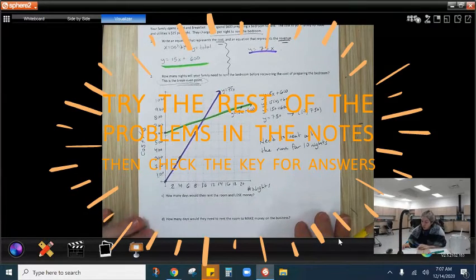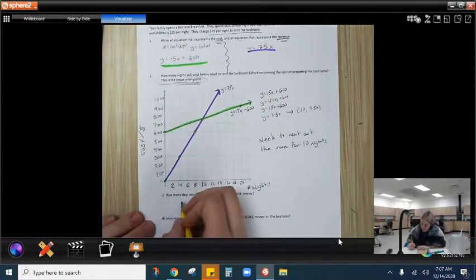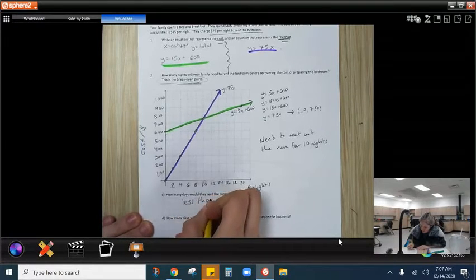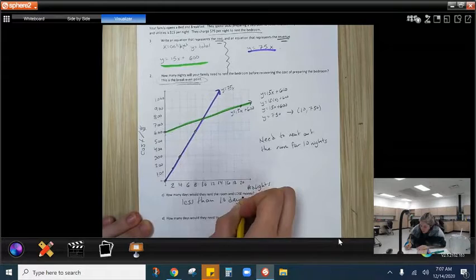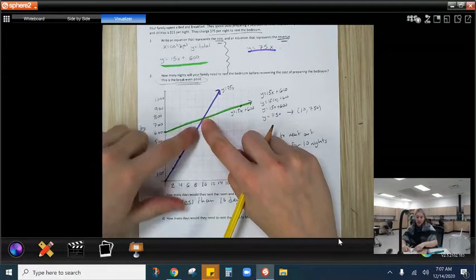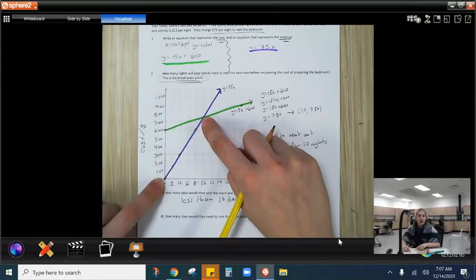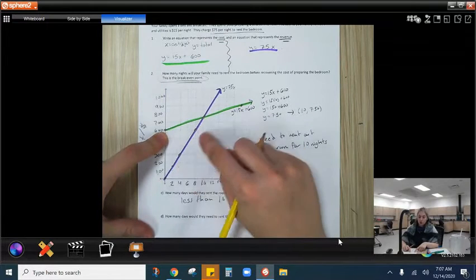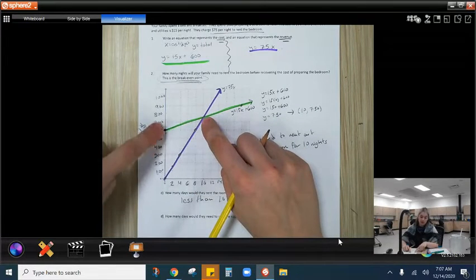How many days would they rent the room and lose money? So that would be less than 10 days. If it's anywhere in here, right, our purple line is lower than, so that means the money that we've earned is always going to be less than the money that we've spent.